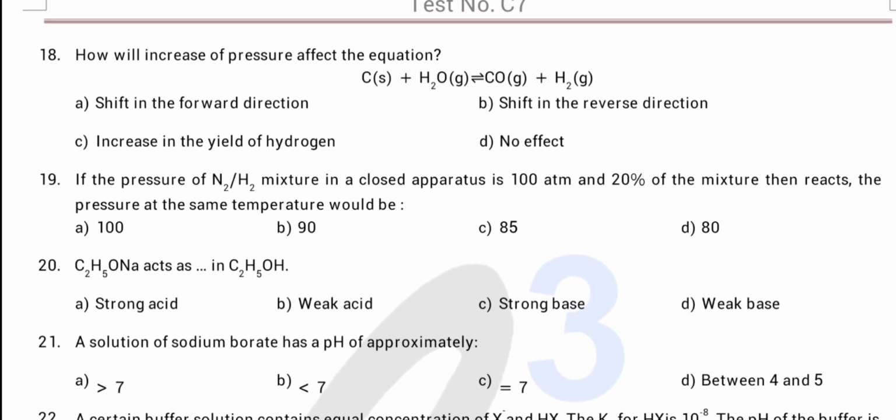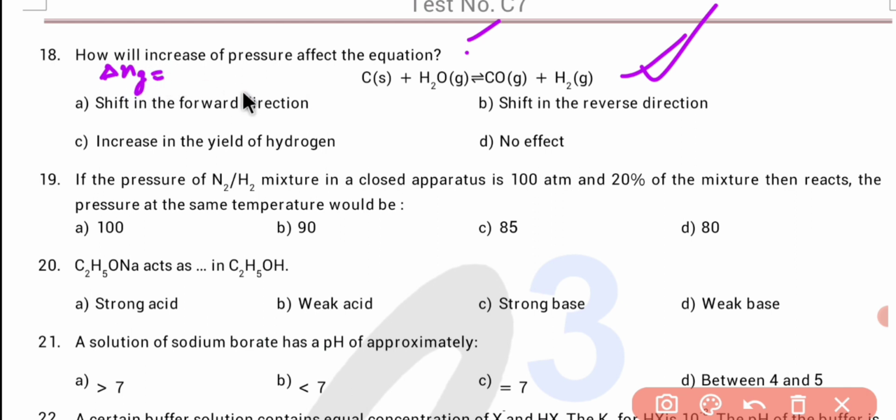How will an increase of pressure affect this equation? For this equation, delta ng is 2 plus 2 minus 1, which is plus 1. So increasing pressure increases the concentration on the product side to a larger extent.